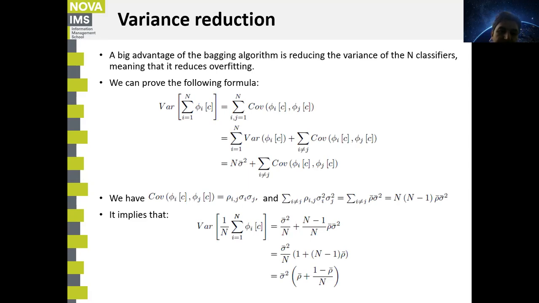Variance reduction. A big advantage of the bagging algorithm is reducing the variance of the n classifiers, meaning it reduces overfitting. So we can prove the following formula of the variance of the ensemble. We have the covariances between the estimators given by this, and this implies that the total variance of the ensemble method is equal to this, where sigma bar squared is the mean variance of each estimator.